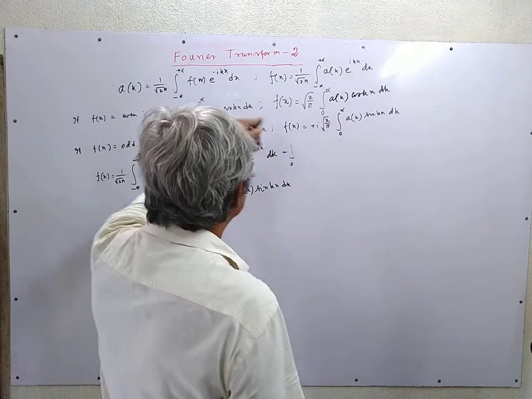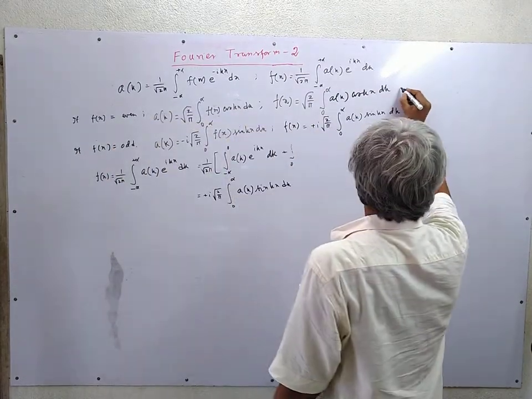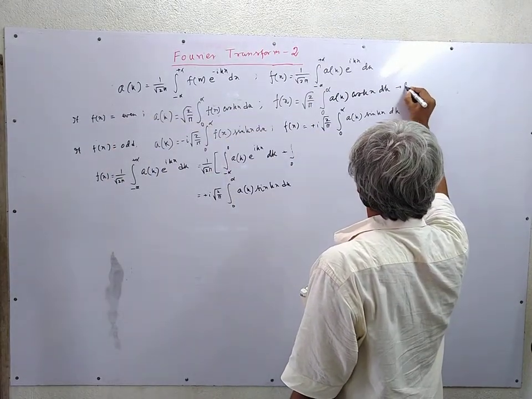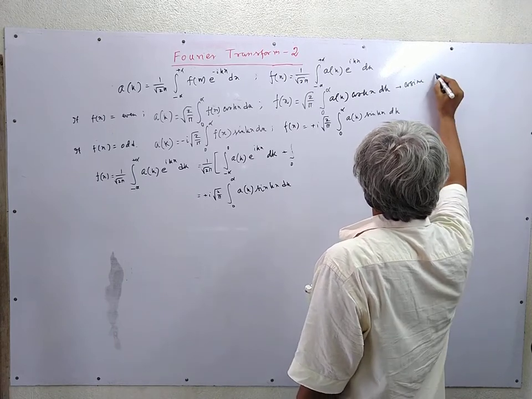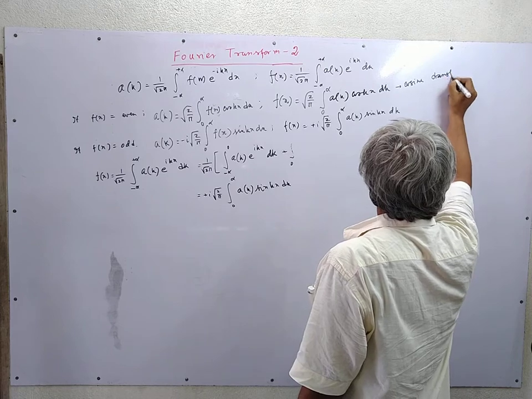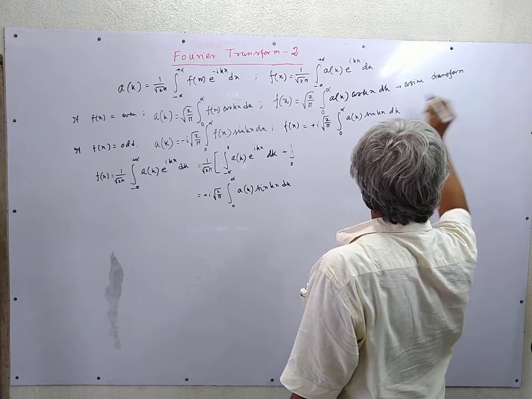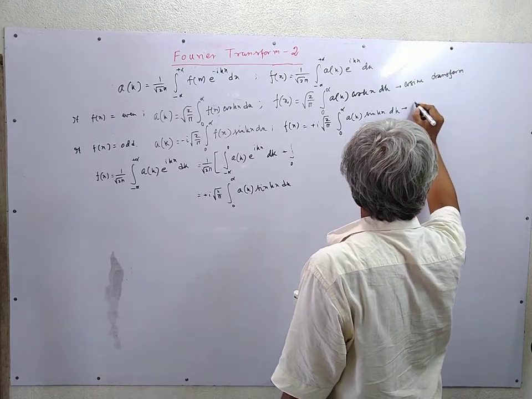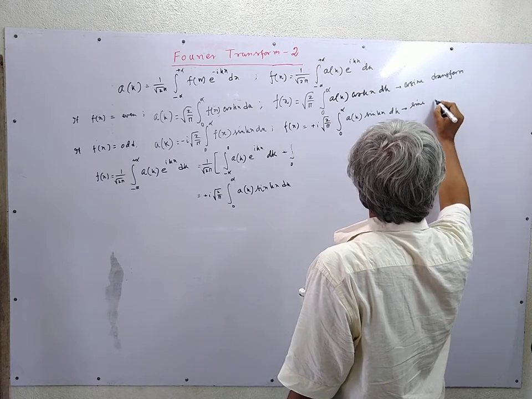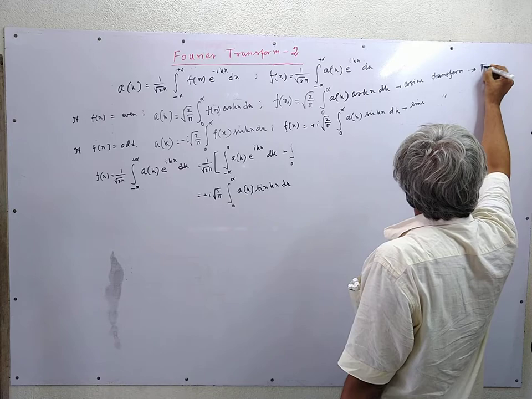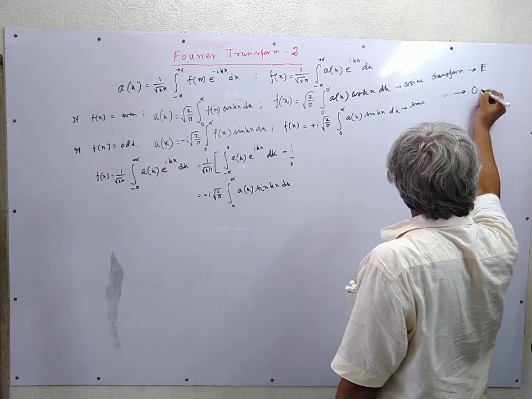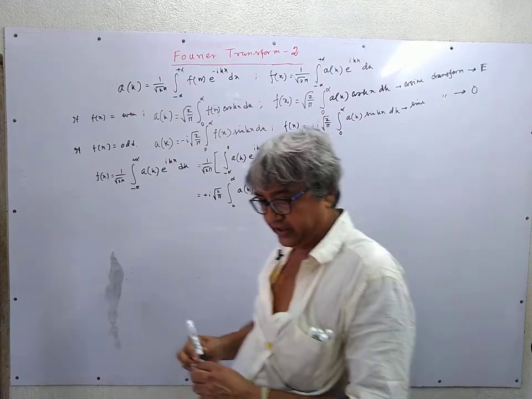This first line is called the Fourier cosine transform, and it is applicable for even functions, and the Fourier sine transform is applicable for odd functions. This is for even function and this is for odd function, the simplification.